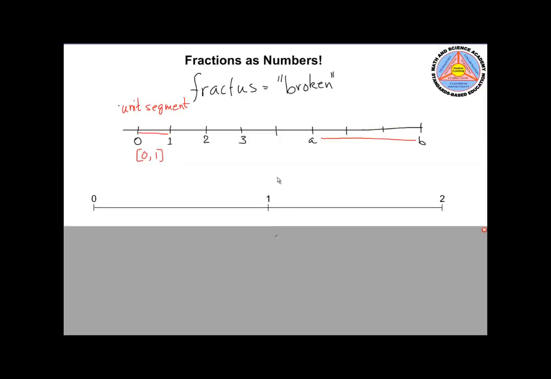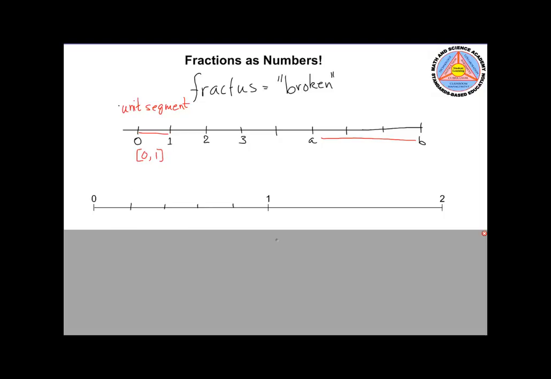One can imagine breaking the unit segment into, say, 5 equal parts. Let's focus on this first part here. Again, two ideas are defined. One is the location of that point, and the other is the length of the segment. Clearly we can't call that location 1.